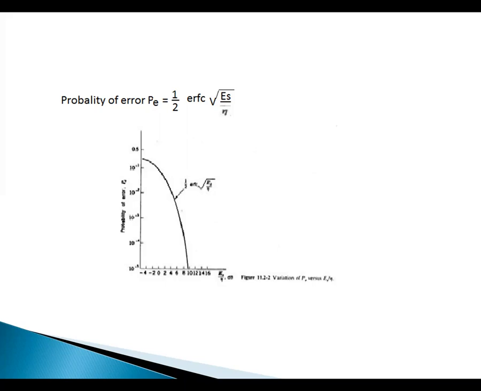At 10 to the power minus 2, what does it mean? 1 by 100 means 100 bits are going to be transmitted, and among them 1 bit is in error.